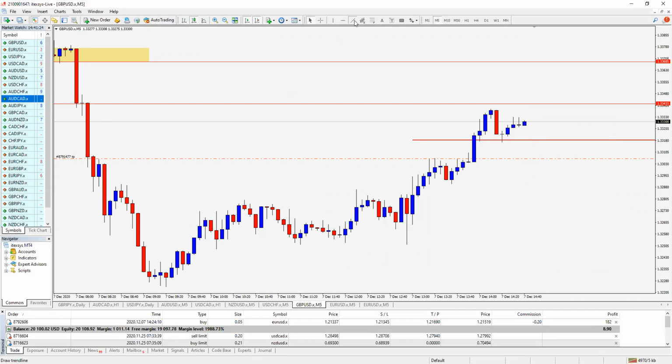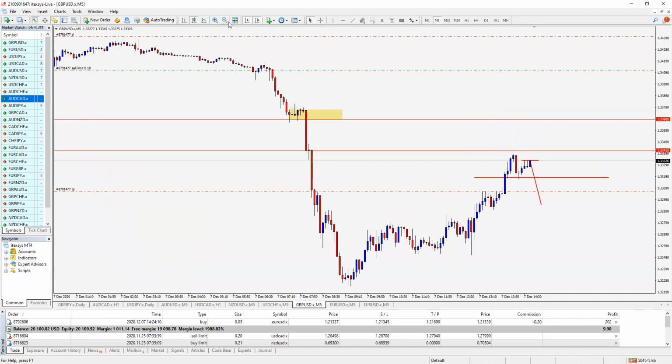So it would not surprise me, if those levels hold, let's see that. Okay, it's breaking now. It wouldn't surprise me to see a reaction to that area and then a little pullback.